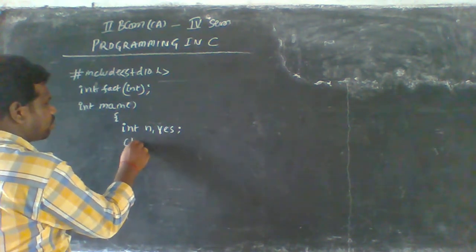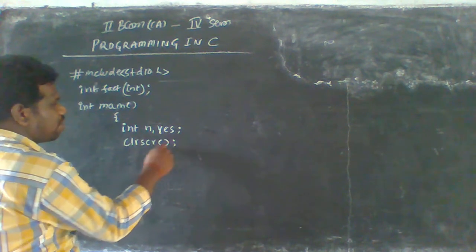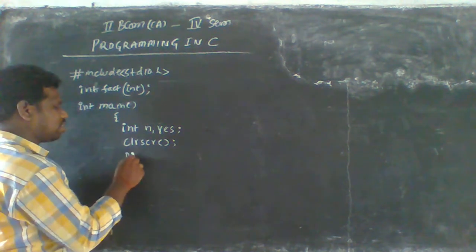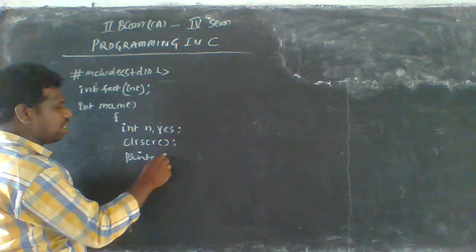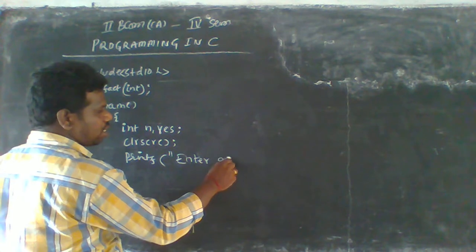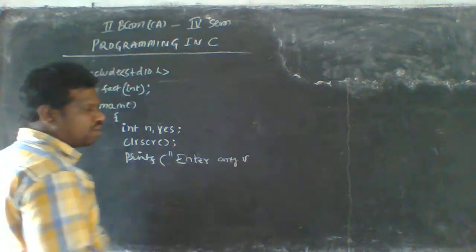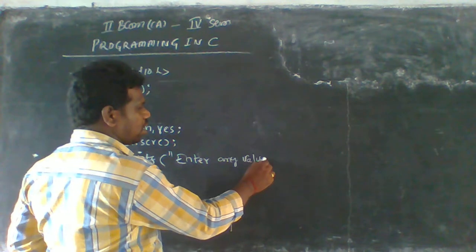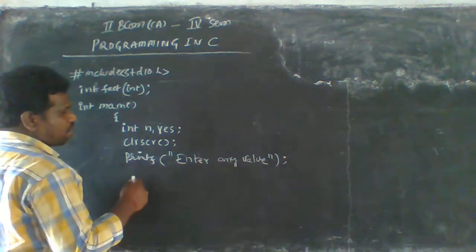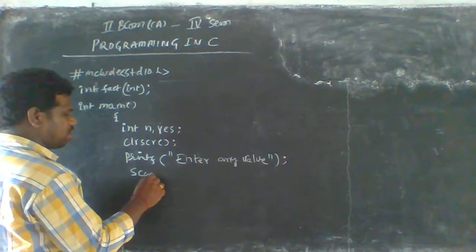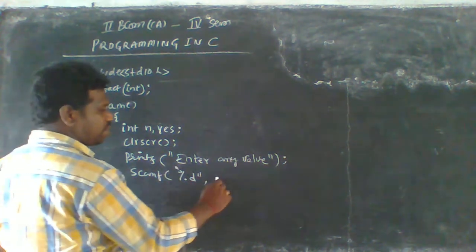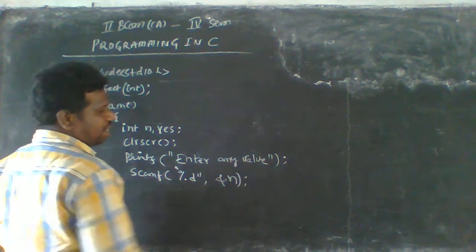Then we use clrscr for clearing the previous outputs, and in the printf we use enter value to find the factorial, scanf percentage d, because it is an integer value, and we keep it in n here.